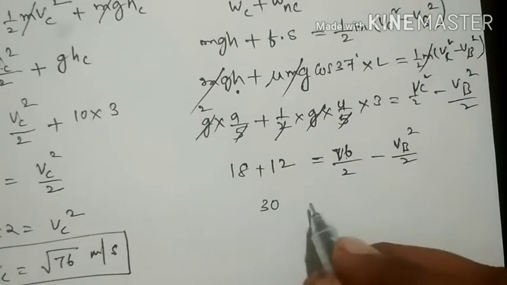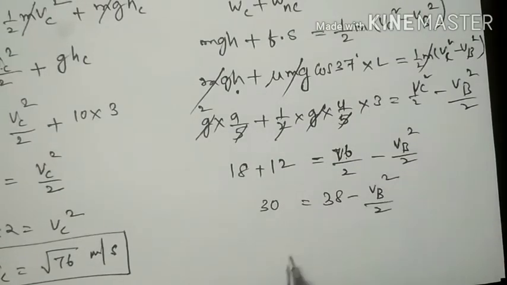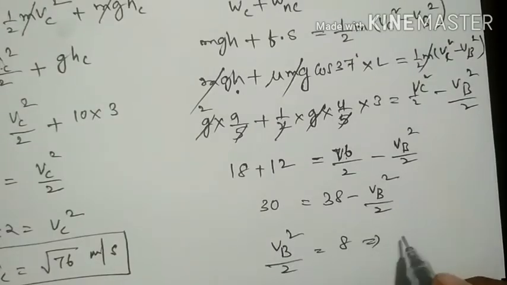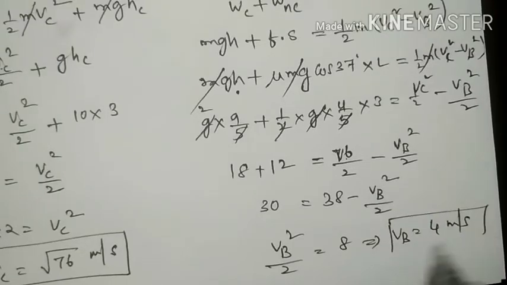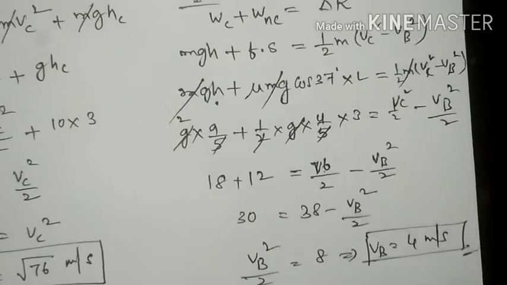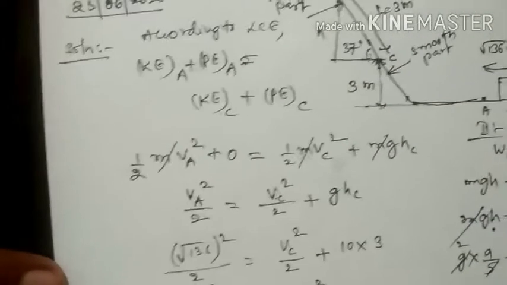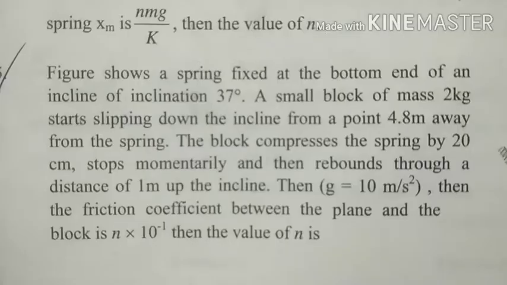So it is 38 minus vb square by 2. So vb square by 2 equal to 8. Vb equal to 4 meters per second. Velocity at block B, at point B, is 4 meters per second. So like this we can see the example application of this work energy theorem.